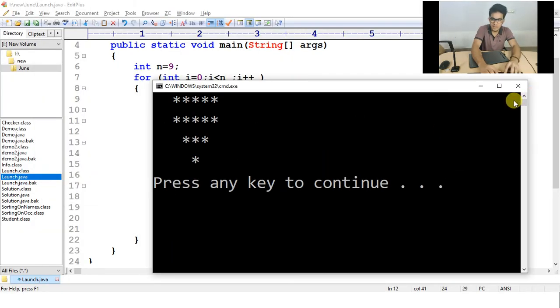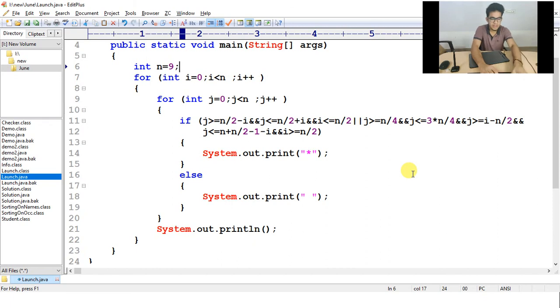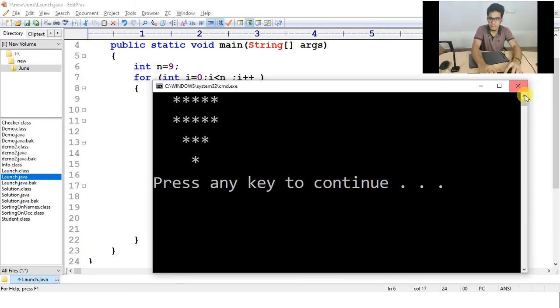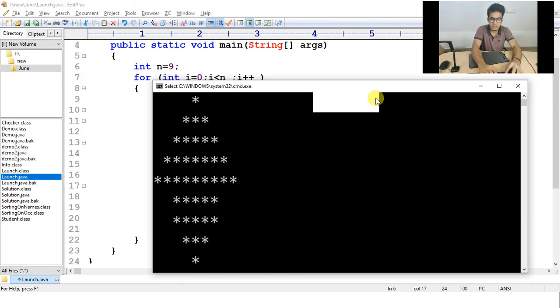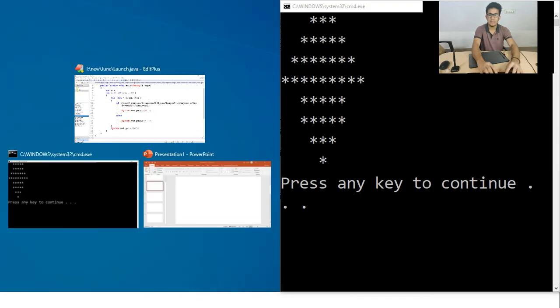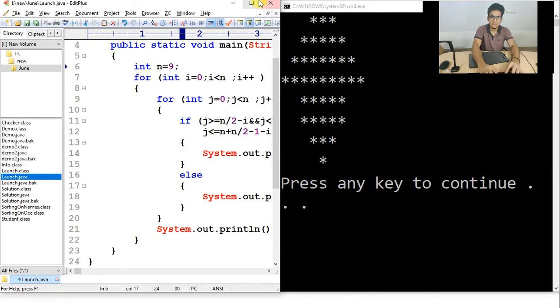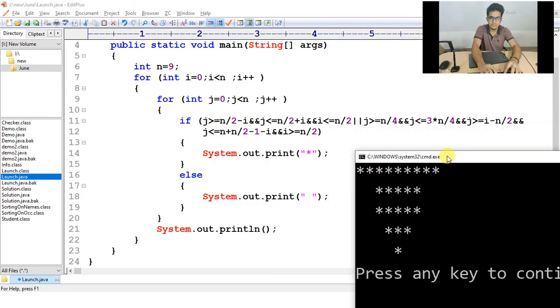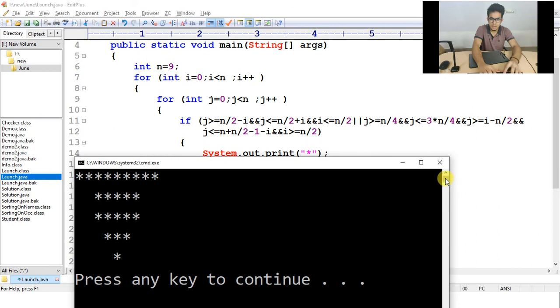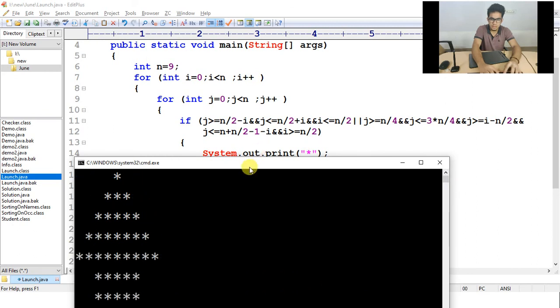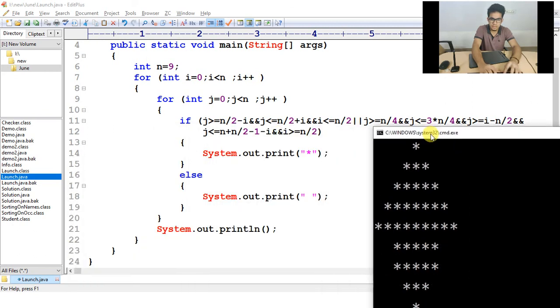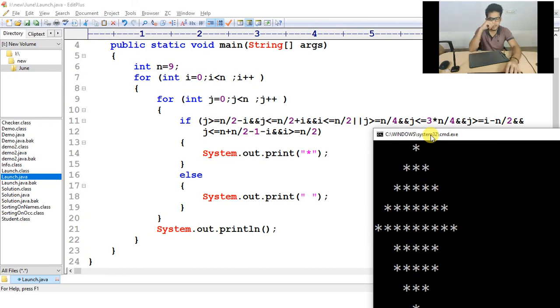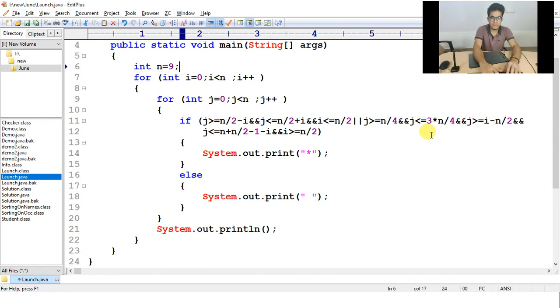You can take the screenshot. Okay, take this screenshot. So I hope you have understood how to combine patterns.